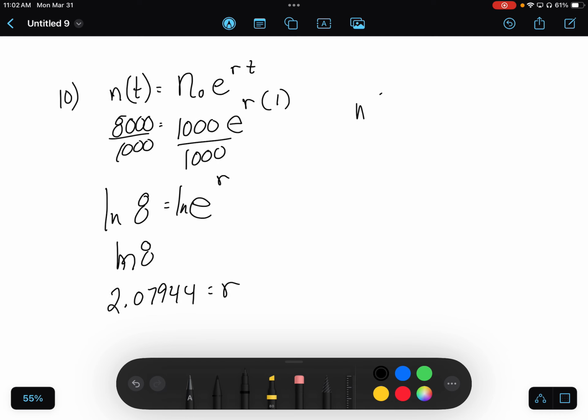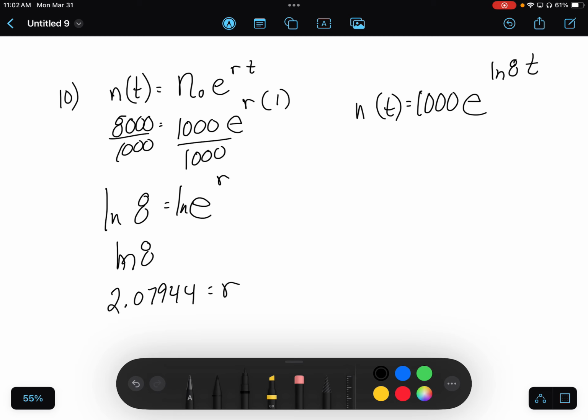So your choice here, if you want to write the thing and you want to put the ln of 8 for your rate, or if you want to put the decimal that I put down there for your rate, 100% up to you. I will tell you this, that the ln of 8, if you leave it that way, is going to be more accurate for you. The other one will be a decimal. It's a rounded answer. It'll be close, but it might be a little off. And I will accept both.